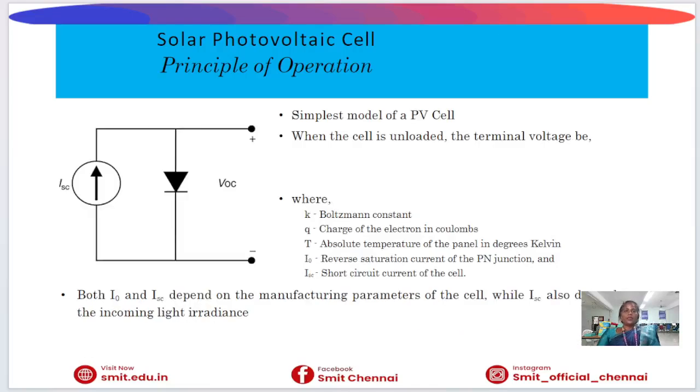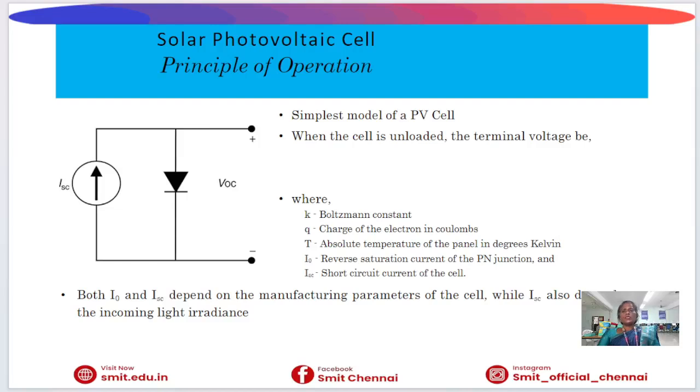This slide presents the simplified electrical model of a photovoltaic cell. When the cell is not connected to any load, it develops an open circuit voltage determined by semiconductor characteristics and operating conditions. The equation includes constants such as Boltzmann constant, electron charge and temperature.